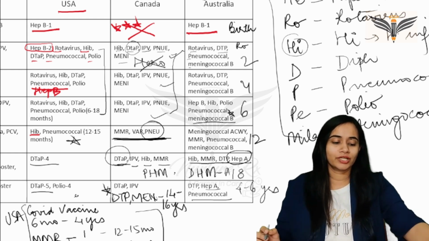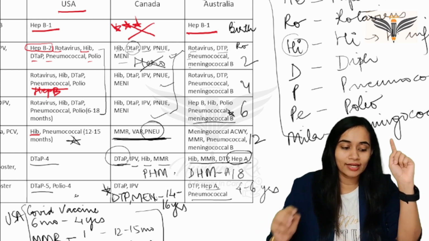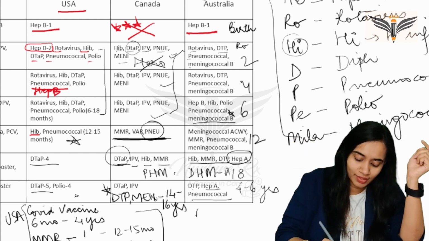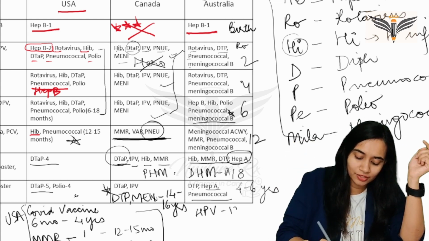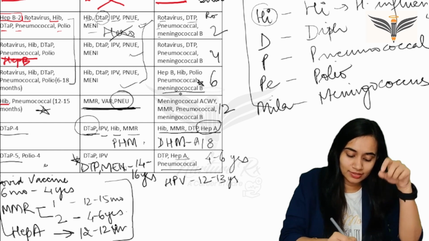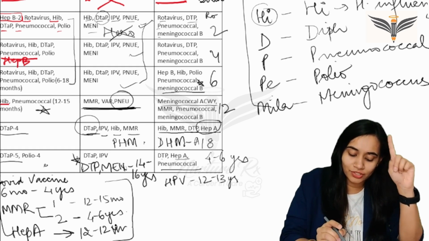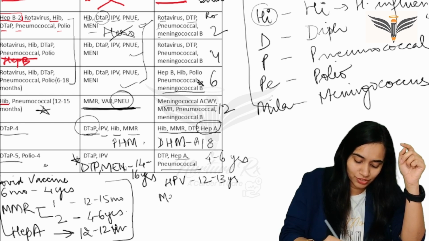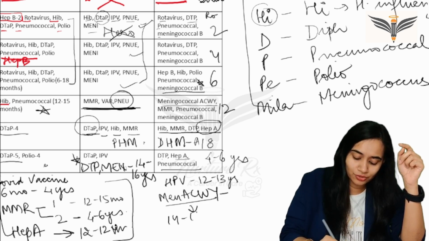Okay, now for Australia, in Australia again at 12 to 13 years of age, HPV is given. HPV vaccine at 12 to 13 years of age, right? And another is this meningococcal ACWY. We've given just one vaccine, so the other one is given at 14 to 16 years of age. Meningo ACWY is given at 14 to 16 years of age, right?